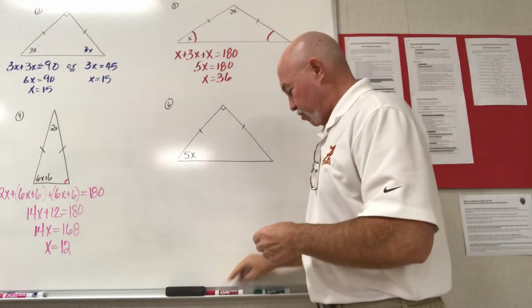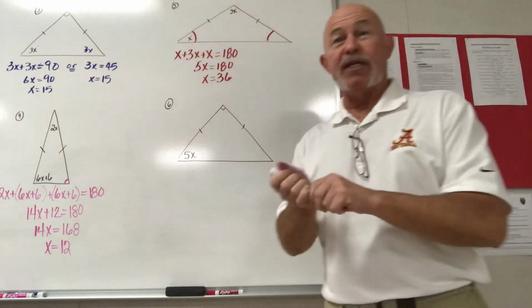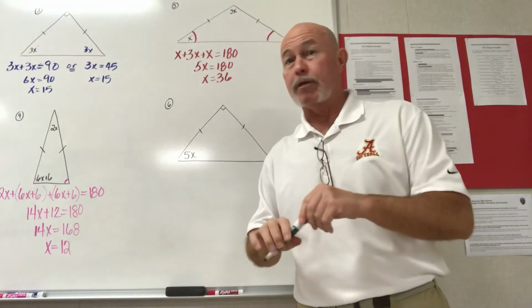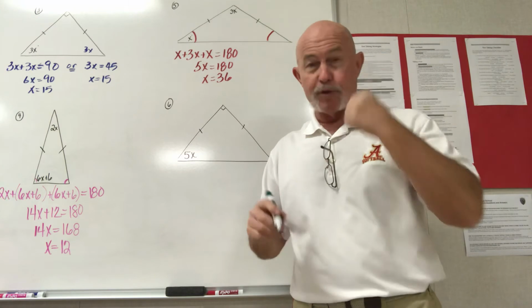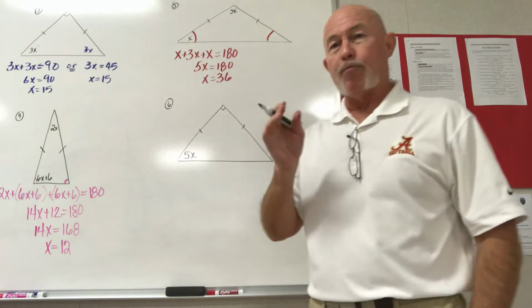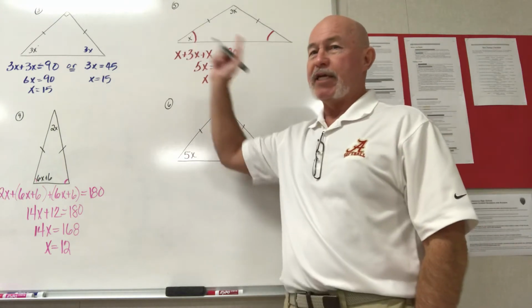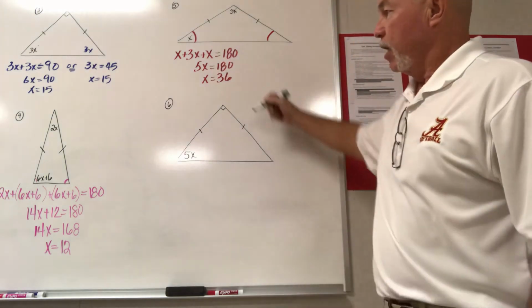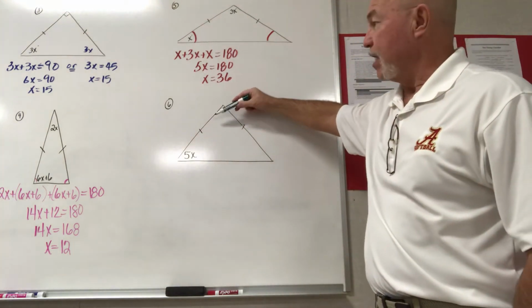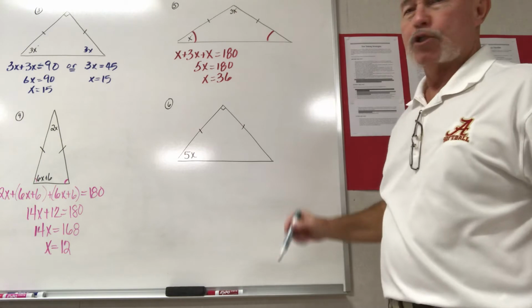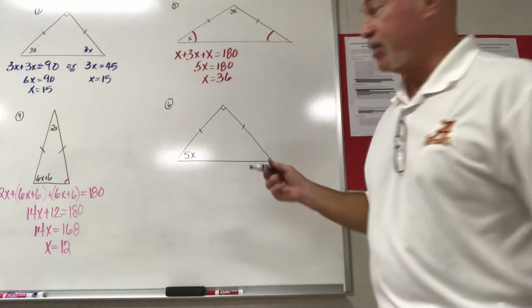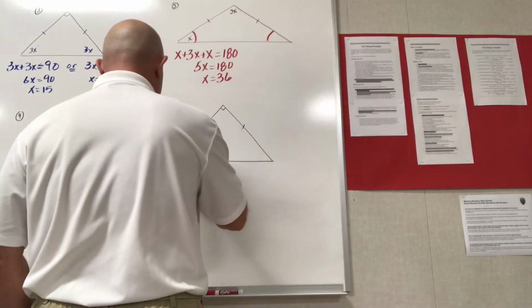You're probably looking and going, wow, the math is really easy. And it is for the most part. There's very few times you get caught up on this. The important part is to find out what is equal to what. Here we go. Another isosceles right triangle. 5x equals 45.